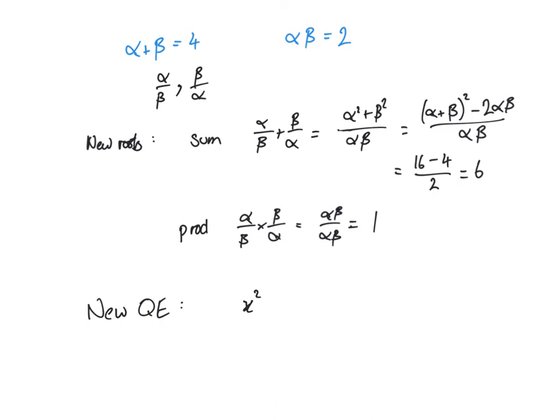We know that the sum was 6, so when we put this in here, it's going to be minus 6x, because the sum is minus b over a. So when you work out your sum, it will always be a different sign from what you put into your quadratic equation. However, when you work out your product, it's exactly the same, so it's just plus 1 equals 0. And finally then, do we have to simplify anything? No, well, there's no fractions involved, so that's our new quadratic equation.